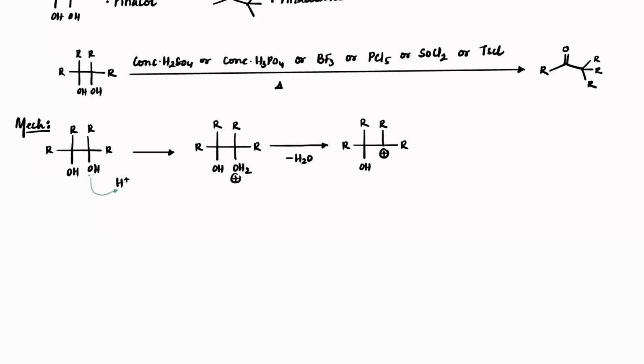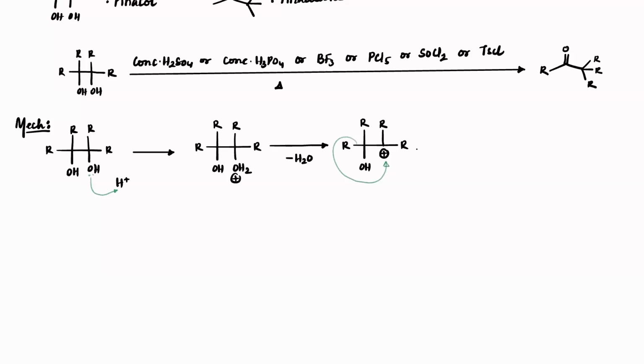Here is the interesting part. Once you get a carbocation, it would want to rearrange to get an even more stable carbocation. And you know that nothing is more stable than an octet-completed carbocation, which means the lone pair present on oxygen, if at all it pushes, so positive charge coming at this position will always be most preferable. That's the reason why one of the R groups will migrate here.